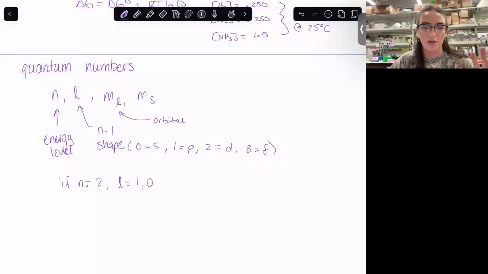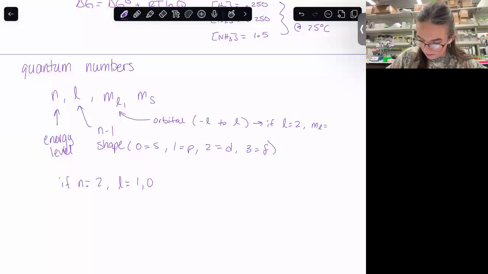So your spdf is your subshell, your m sub l is your orbital. I think I'm saying that correctly. Maybe just double check that to make sure that's correct. But this can be negative l to l. So as an example, if l is equal to 2, then m sub l can equal negative 2, negative 1, 0, 1, or 2.